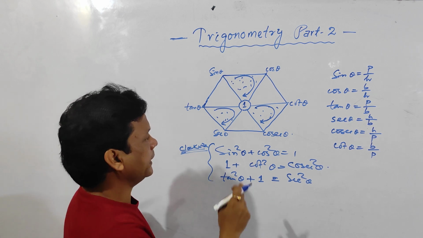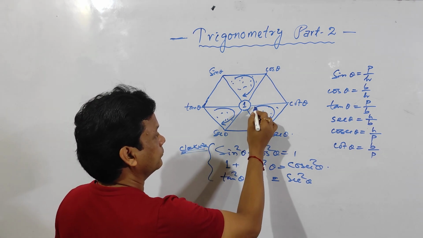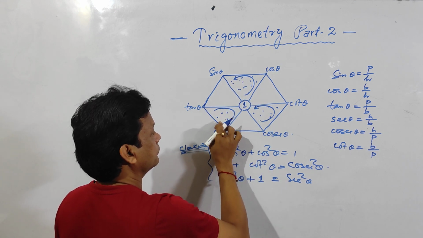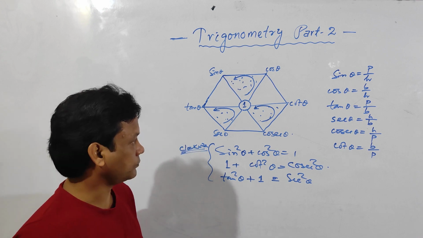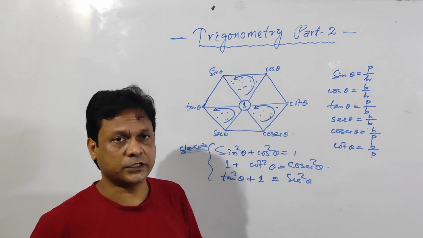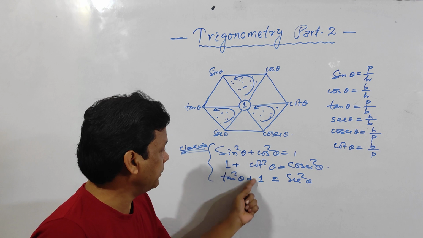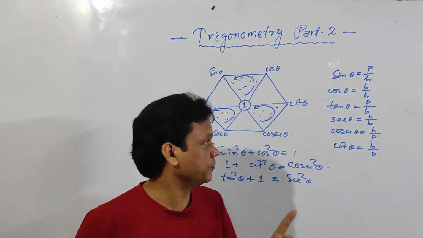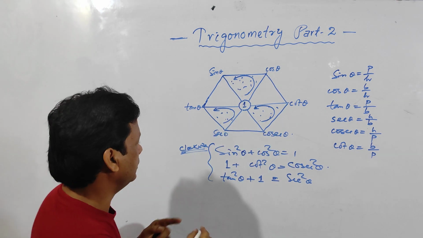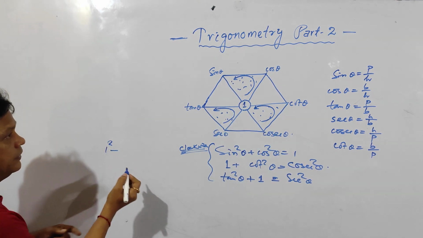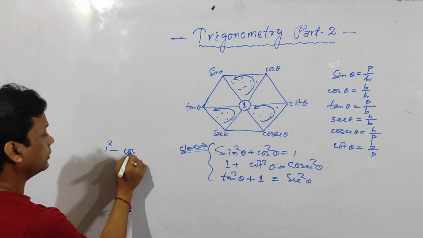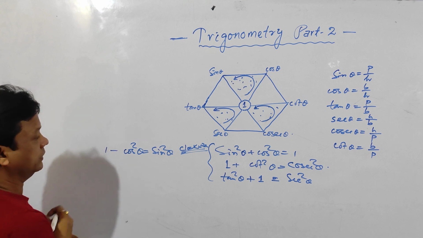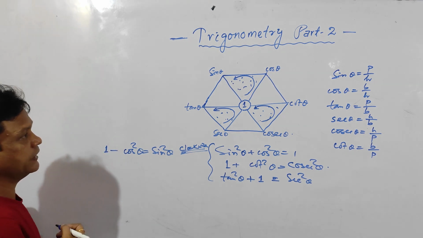Okay, so let us take the anti-clockwise direction. While taking anti-clockwise direction, you should put minus sign in place of plus. The procedure is same, but you have to put a negative sign. 1 square minus cos square theta is equal to sin square theta. That means simply you can write 1 minus cos square theta is equal to sin square theta.